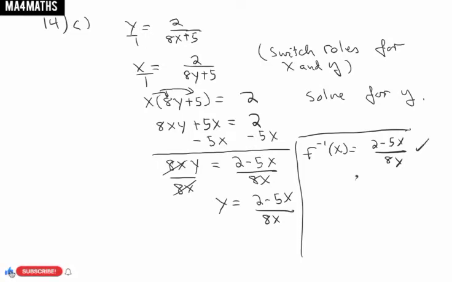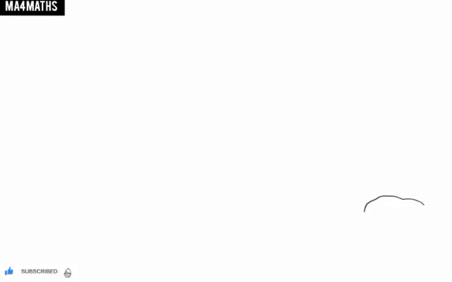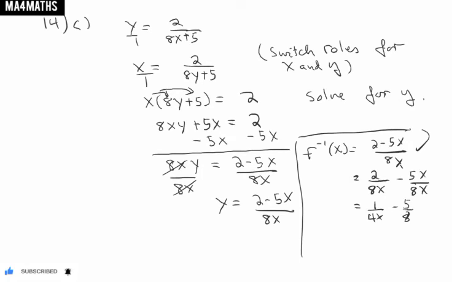If you want to simplify a little bit more, you can write this. It's not necessary. In this case, this would be 1 over 4x, the x's will cancel, minus 5 over 8. You can also write it that way, but it's not necessary. I would totally accept this.